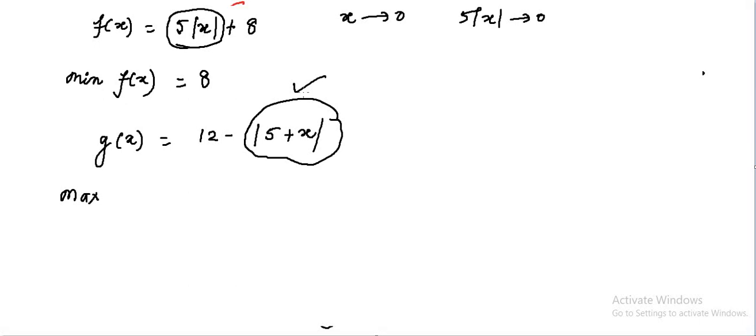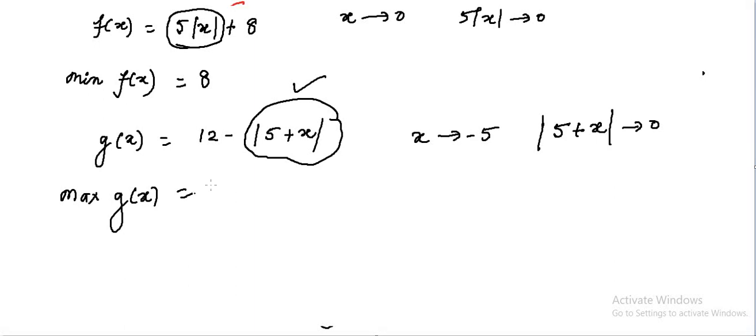When this tends towards 0, because this cannot be any negative number because mod is there. So what is the lowest of all the positive values? It's 0. So definitely mod of 5 plus x must be tending to 0 to get the maximum value. So when my x tends towards minus 5, then only will mod of 5 plus x tend towards 0. So my maximum value of g of x will be equal to 12.